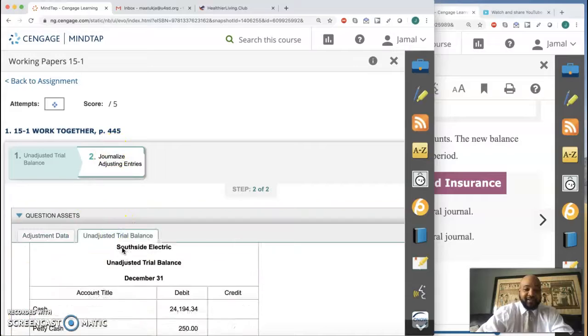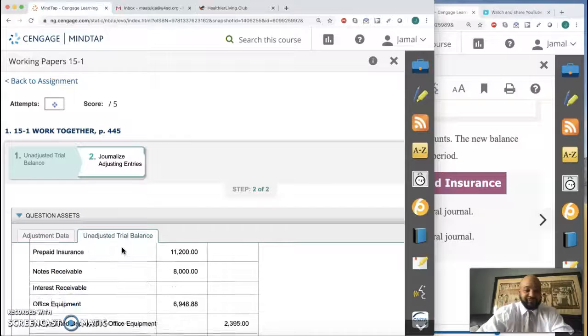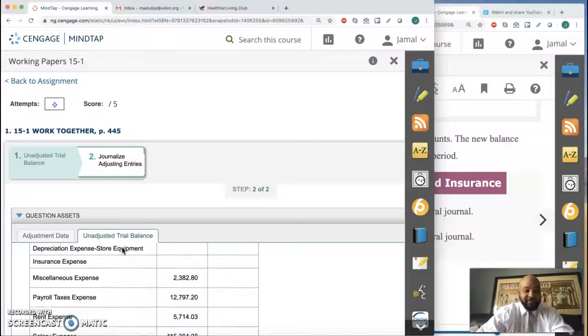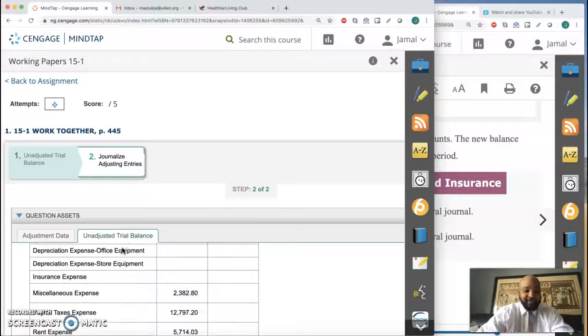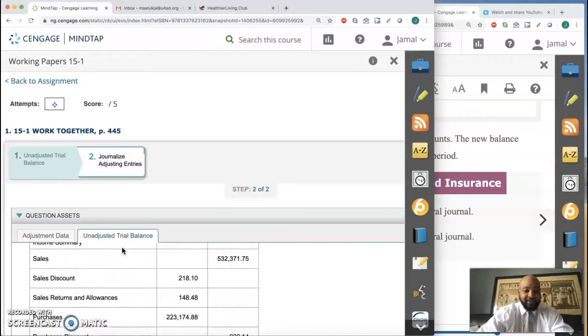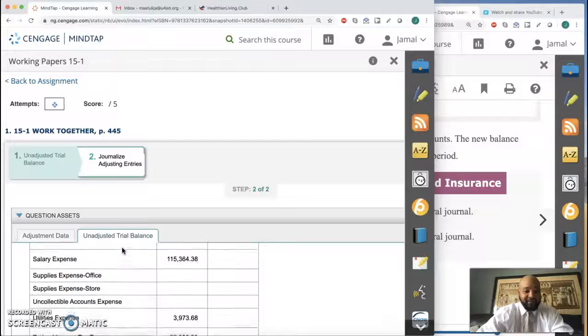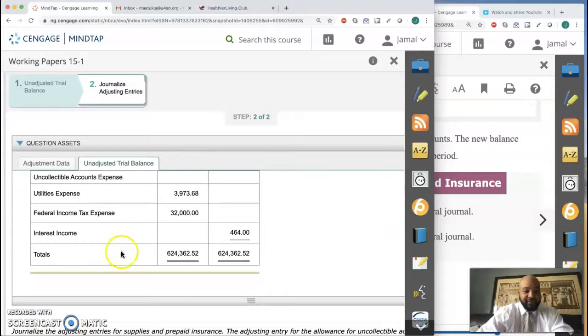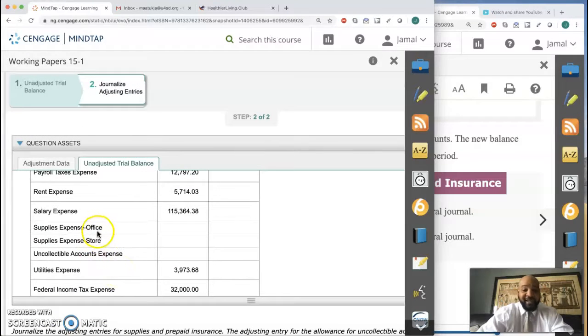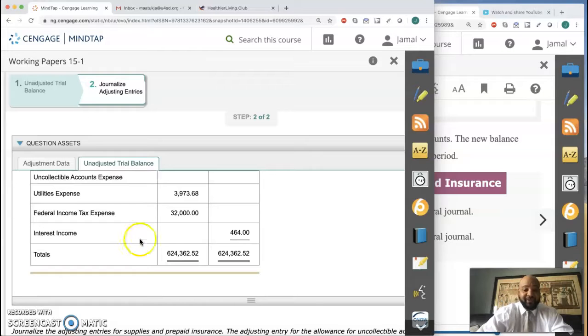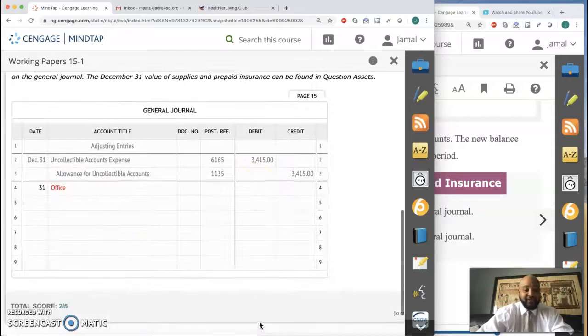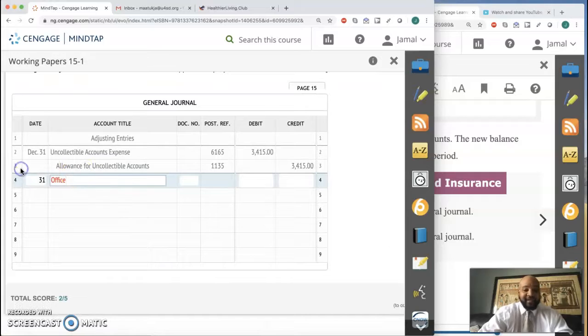Good. Let's go to the unadjusted trial balance. Let's find our expenses. We'll go all the way down to the bottom for our expenses. I don't see an office supplies expense. So I'll collect utilities expense. Here it is: supplies expense, office; supplies expense, store. So we had to find that first. So we got supplies expense.